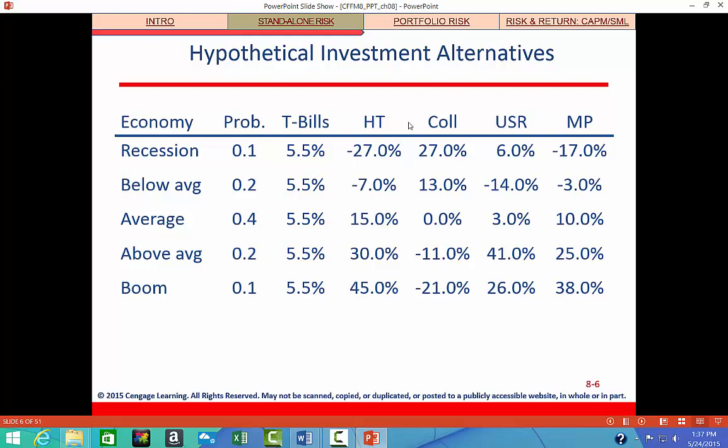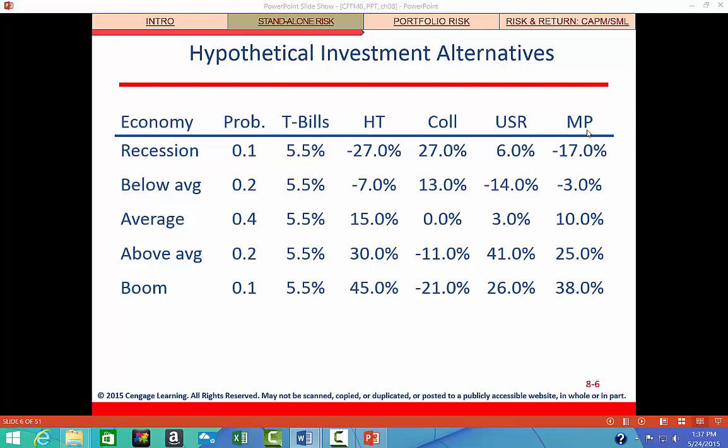And then we have these three companies. HT stands for High Tech Inc., and it's an electronics firm. COLL is for Collections Inc., and it collects past due debts. And then USR stands for US Rubber, and it manufactures tires and various other rubber and plastic products.